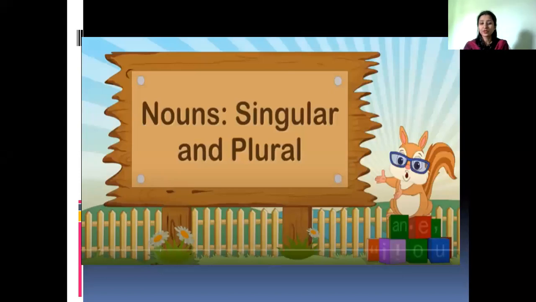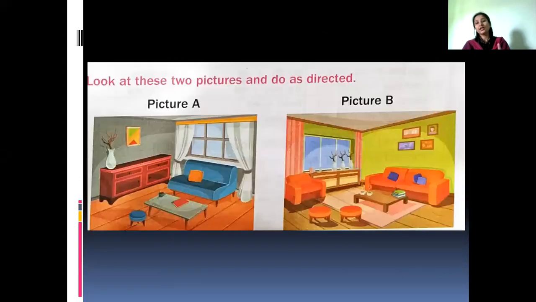Singular and plural. First, we will revise what we learned day before yesterday. In picture A, we see singular nouns: pillow, cushion, book, cup, stool, sofa, painting, vase. Then in the next picture, picture B, there are the plural forms.